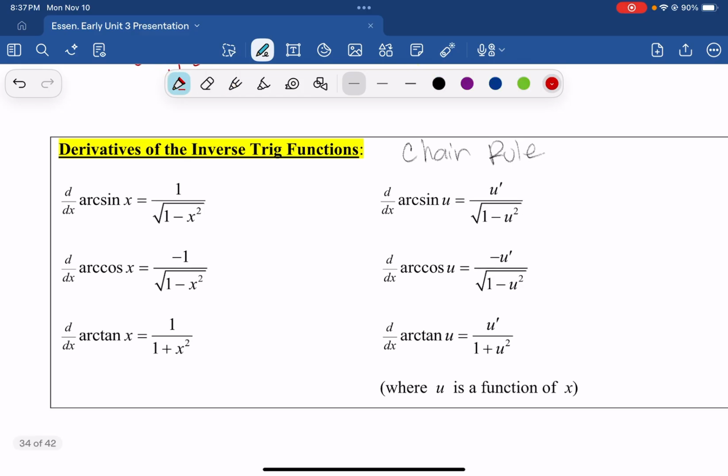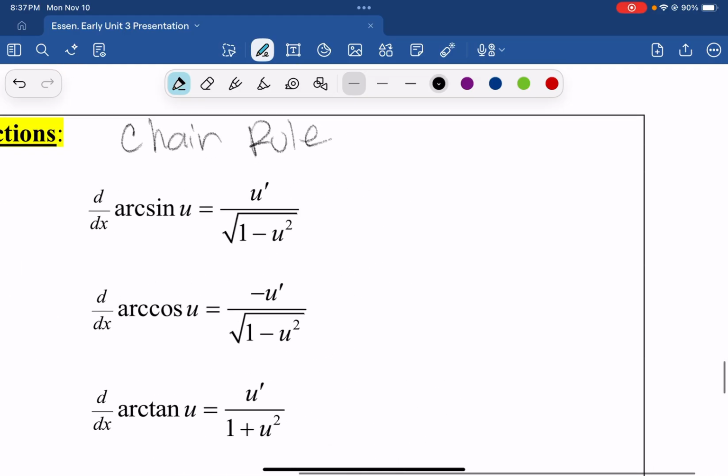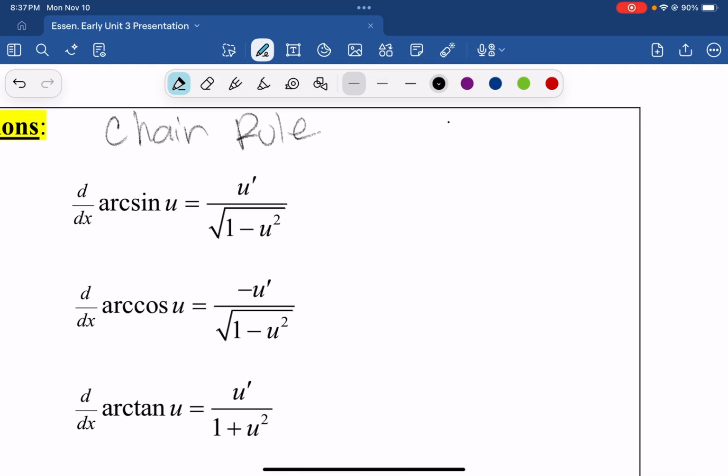Okay, I'm also going to add some here that you're going to want to add to your notes also, okay? So d/dx of arccosecant of u is equal to negative u prime over u square root of u squared minus 1.